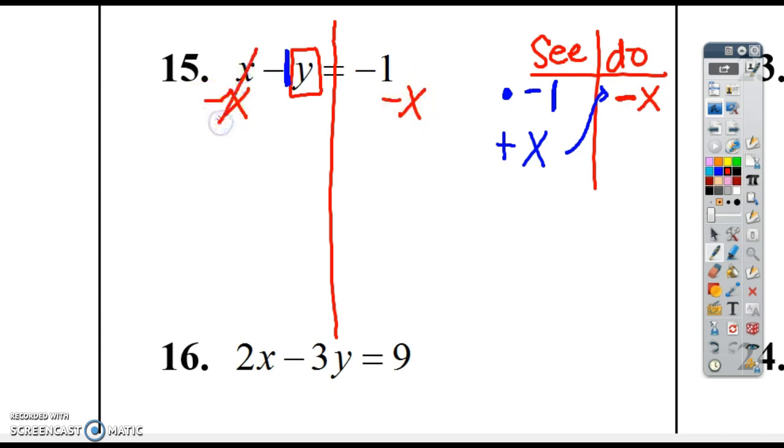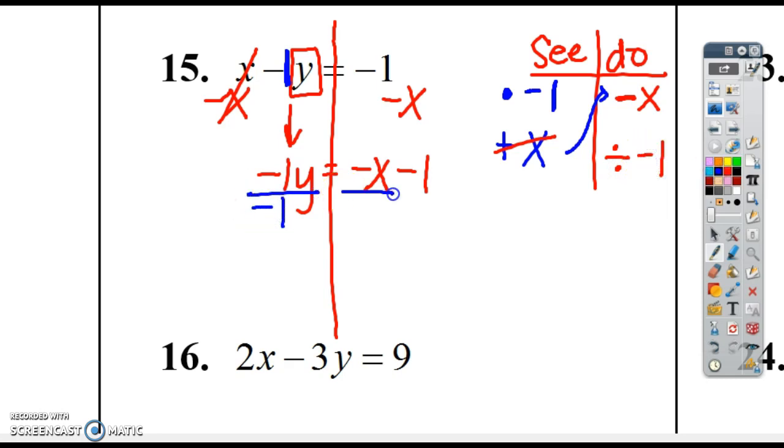x minus x cancels. We bring down our negative 1y is equal to, and negative 1 minus x cannot combine, so we just rewrite it, negative x minus 1. Bring each of them down. And the last thing I need to do is, if they multiplied by negative 1, I need to get rid of it. So we're going to divide by negative 1. So I divide on both sides. I divide everything out by negative 1. So this negative 1 over this negative 1 just disappears.